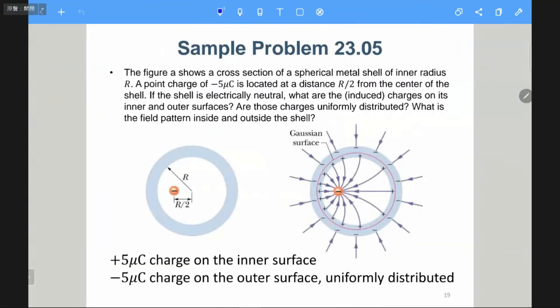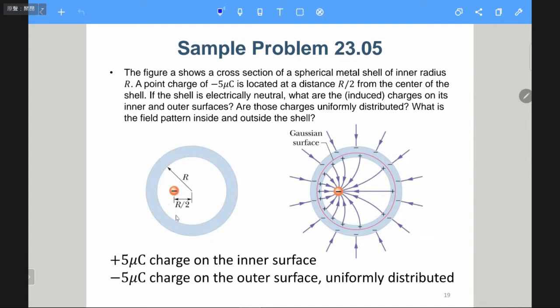Okay, so here we see another sample problem. It says a figure shows a cross section of a spherical metal shell of inner radius R. So we have this sphere with some thickness.